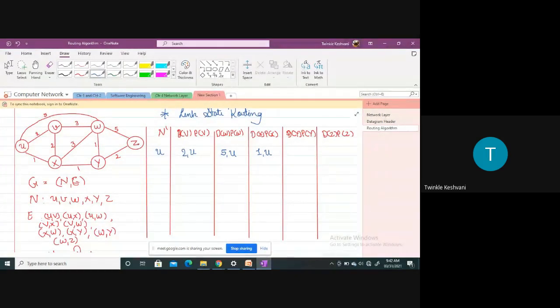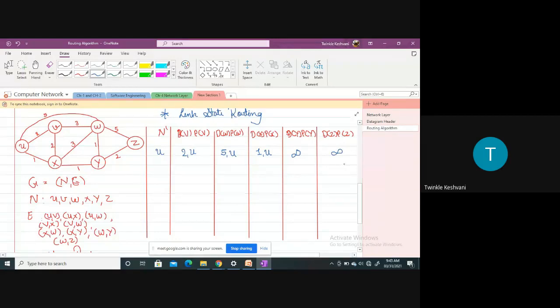So if any node is not directly connected, what will we write there? Infinity, because there is no path yet to reach Y and Z. So here we'll write infinity.